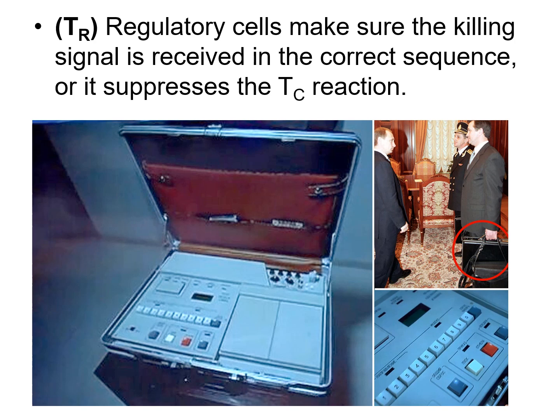The next subset is the regulatory or suppressor. T regulatory cells make sure the killing signal is received in the correct sequence, or it suppresses the response. Sort of like the nuclear codes. You've seen those movies. You don't just want a crazy president to just push a button. So you want it to be some kind of chain of command.